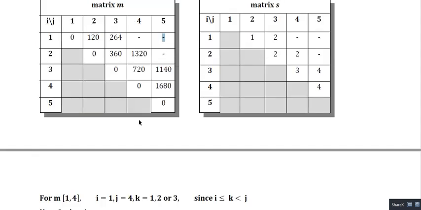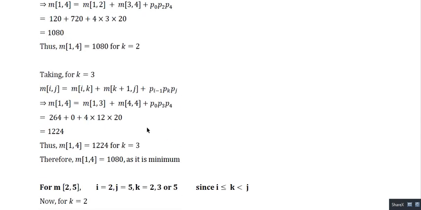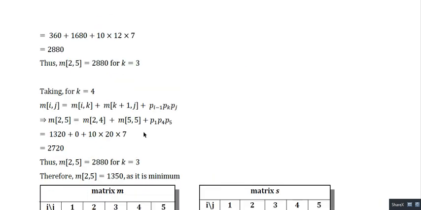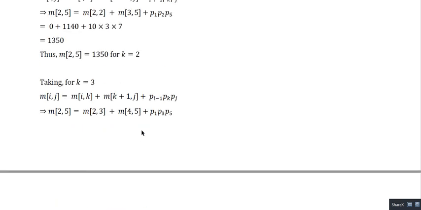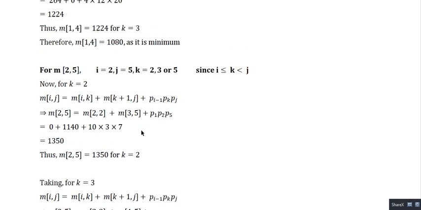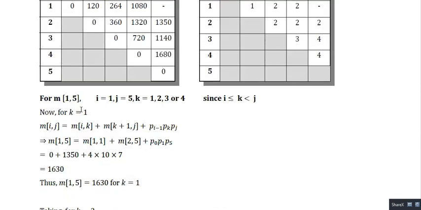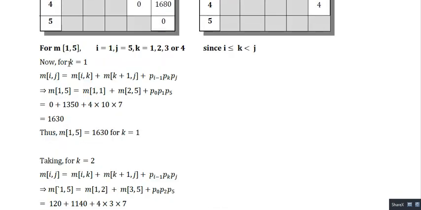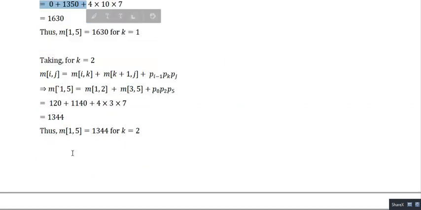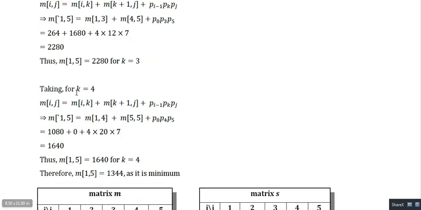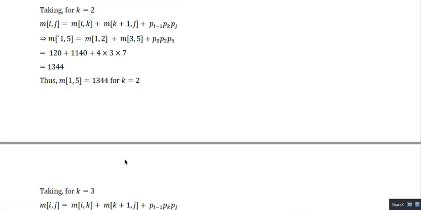So you can just check the last one for M equal to 1 to 5. We are taking 4 possible values, K equal to 1, K equal to 2, K equal to 3, K equal to 4. But which one is minimum? It is 1344, 1344 for K equal to 2.